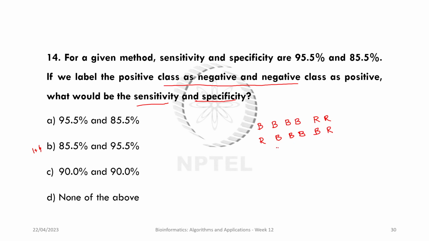Okay, so true positives are 3, true negatives are 1, and I'm considering B as positive. Okay, and this is negative but positive, so false negative. This is false positive, correct?